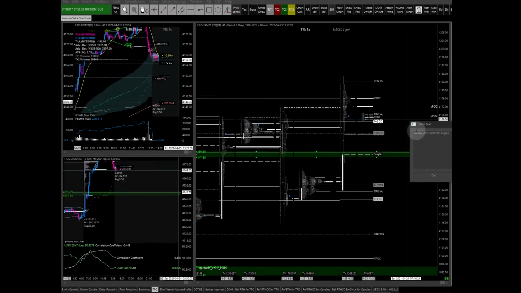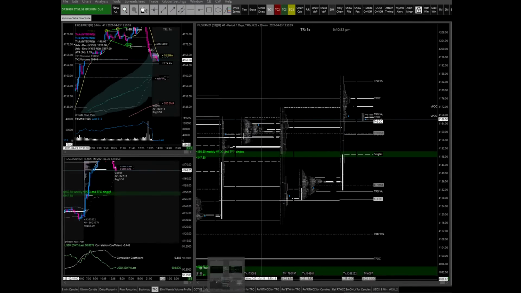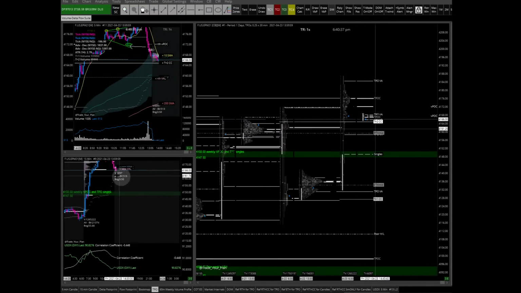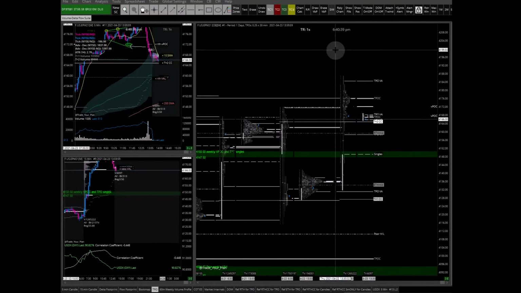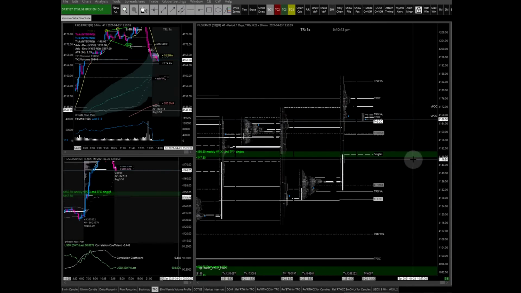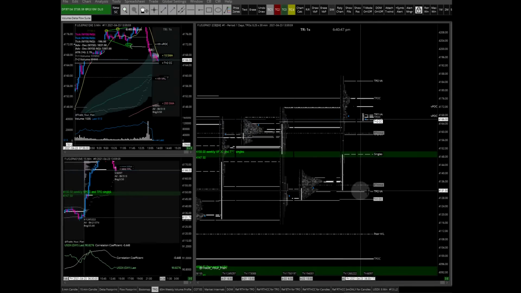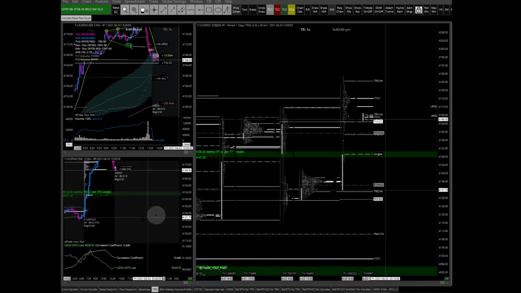I'd probably just say weekly VPOC singles, but whatever. Keep it up there like this. Okay, so see how it shows up on this 15-minute chart right here? Because it's useful, because you get to see some singles on this chart.